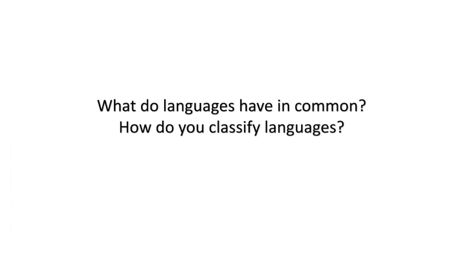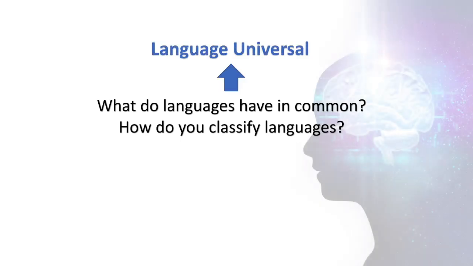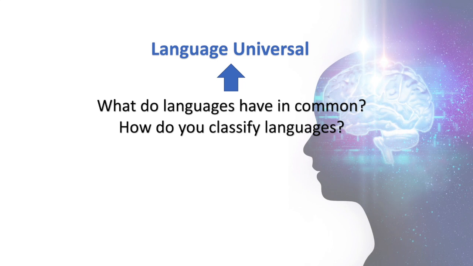So coming back to our two main questions we've been discussing. The first question, what do languages have in common, is concerned with our topic, language universals. Language universals highlight the unity underlying the variety of language found in the world. It is invaluable to our understanding of the brain, of language acquisition, and of the principles governing our communication in all cultures.